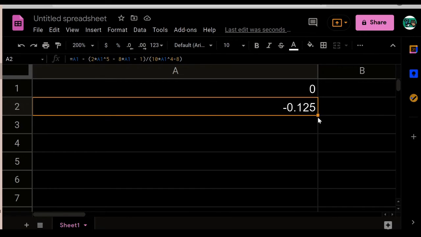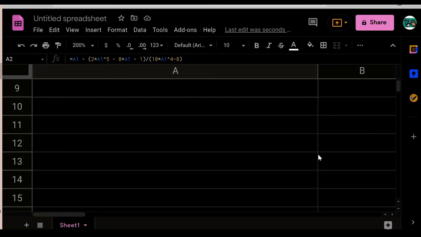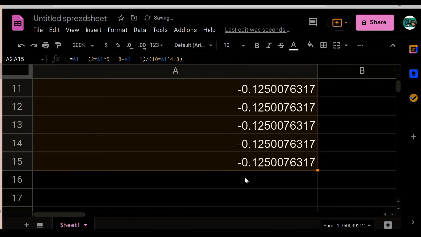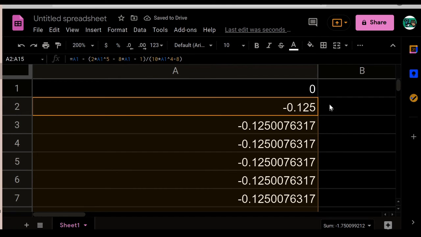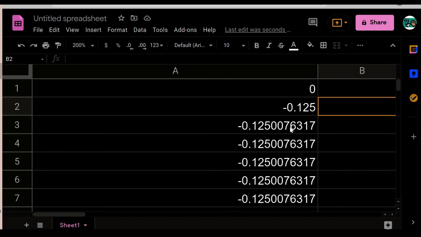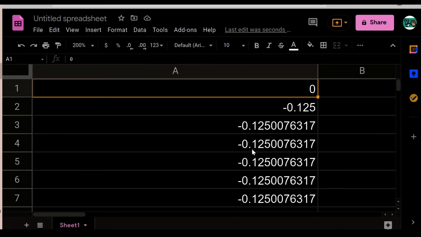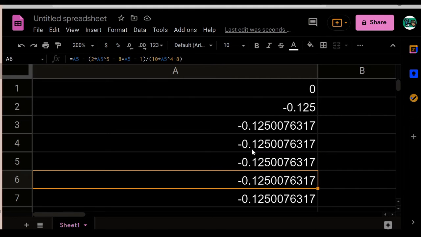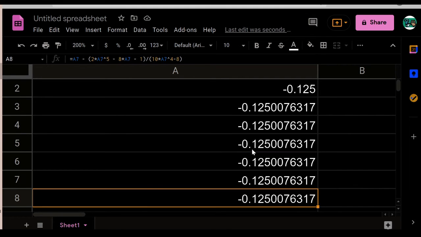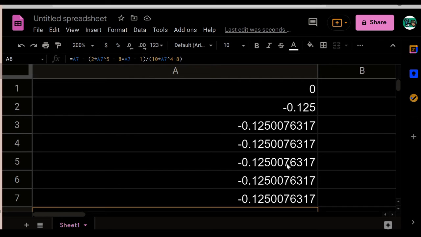I'm going to move my cursor over it until the cursor forms this sort of crosshair, and then I'm going to click and hold and drag down until usually maybe 15 or 16 will do. And what this does is it fills in the value of all the different x sub n's. Here's x sub 0, here's x1, then x2, x3, x4, x5, x6, and so on. Autofill feature has filled it all in for me.